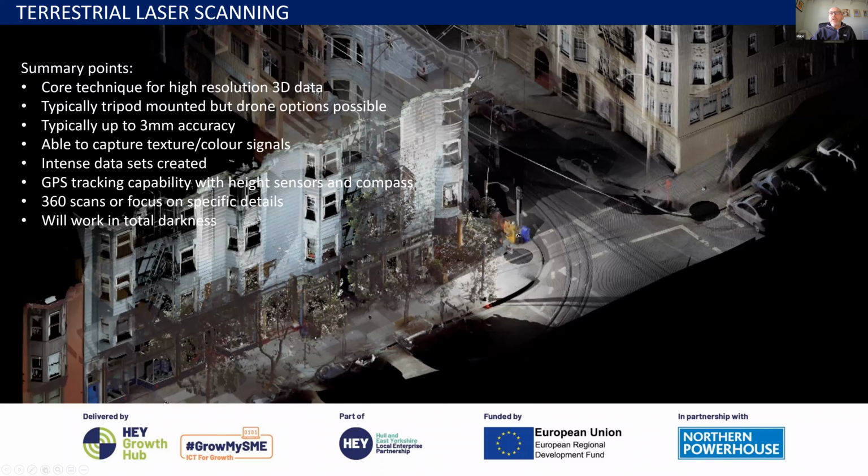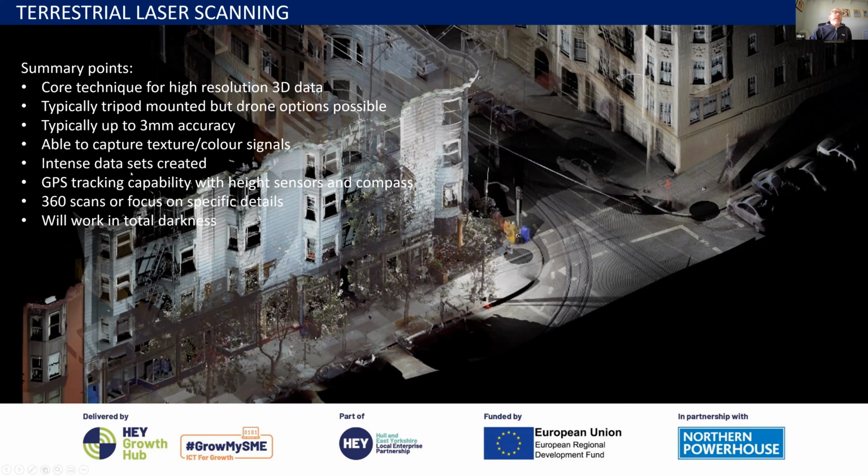Typically tripod mounted, but like I said, you can take coordinates from drone-based systems too and combine those into your point cloud model. A terrestrial laser tripod-based scanner has an accuracy that architects will find acceptable for the kind of work that they're doing.